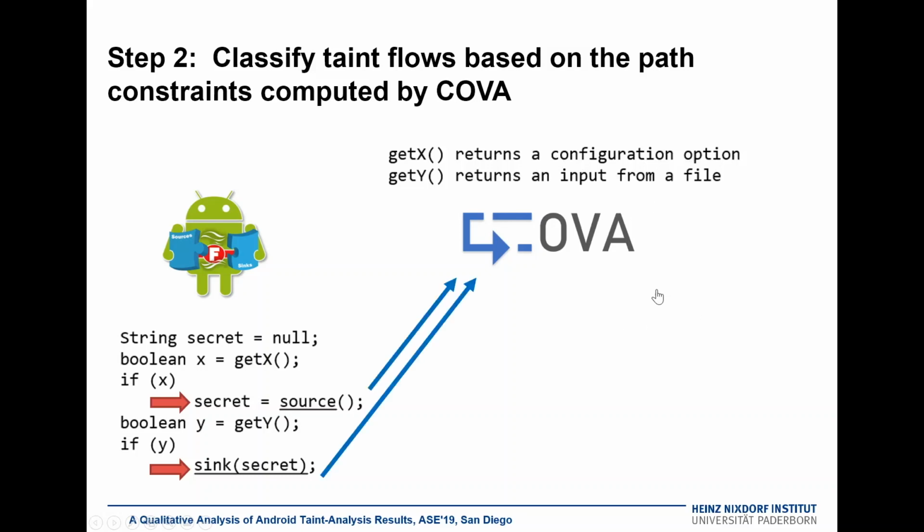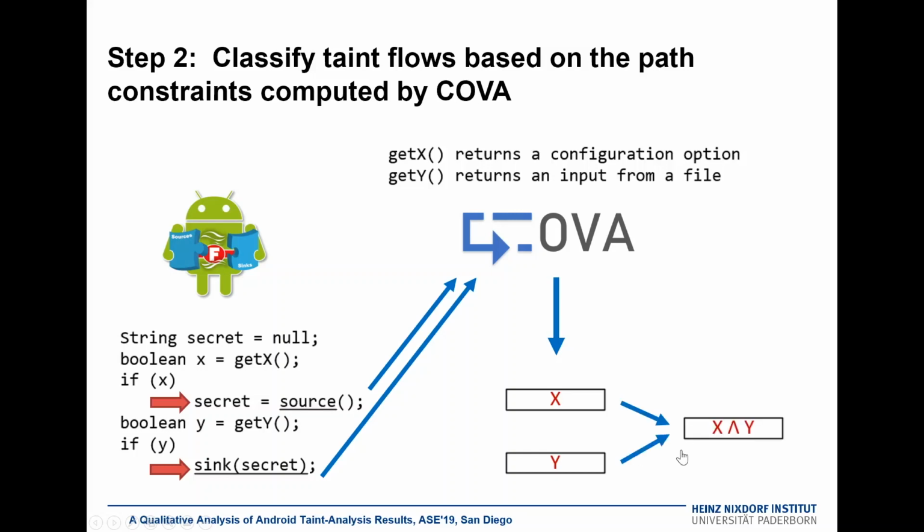And then we give COVA the source statement and the sink statement. COVA will compute the constraints based on the constraint APIs for these 2 statements. And the path constraints are x and y. And then we conjoin them with logical conjunction, so we get the constraint for this data flow, which is x and y. Since x belongs to configuration and y belongs to I/O operation, this taint flow is then classified as configuration constraint and I/O constraint.